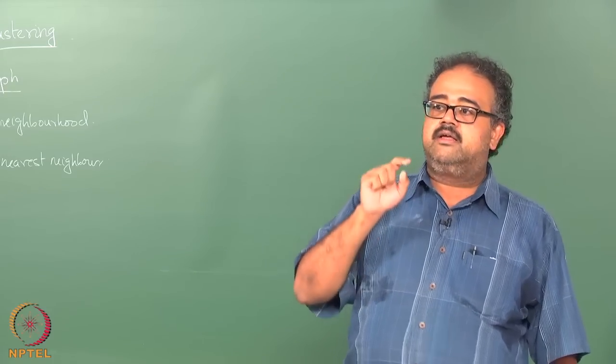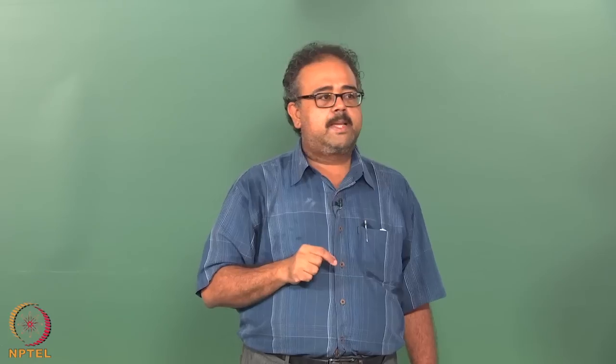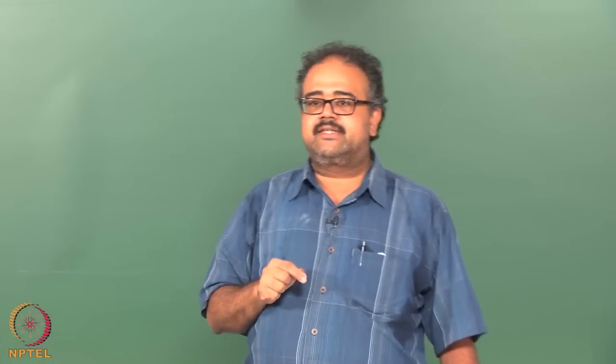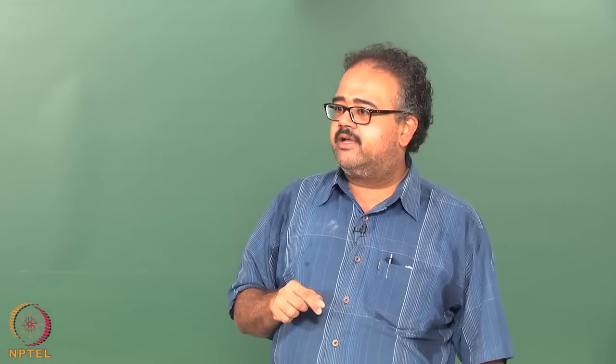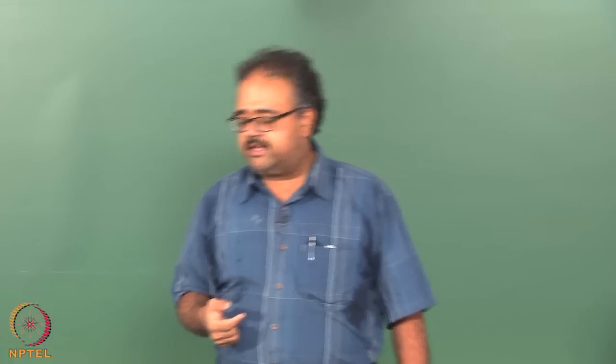Now here is the question, is this relationship symmetric? Not necessarily. So A could be one of the k nearest neighbors of B, but B need not be one of the k nearest neighbors of A. There could be more neighbors that are clustered around A and so B might not fall in the k nearest neighbor list.